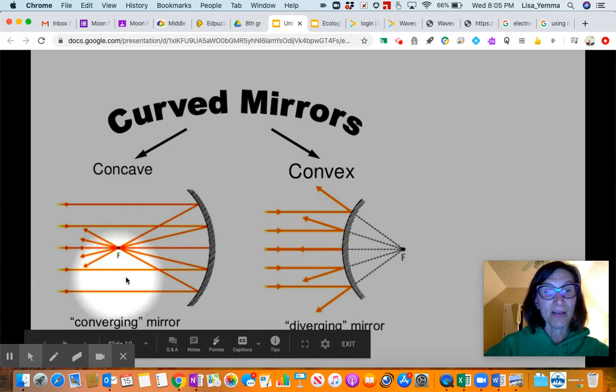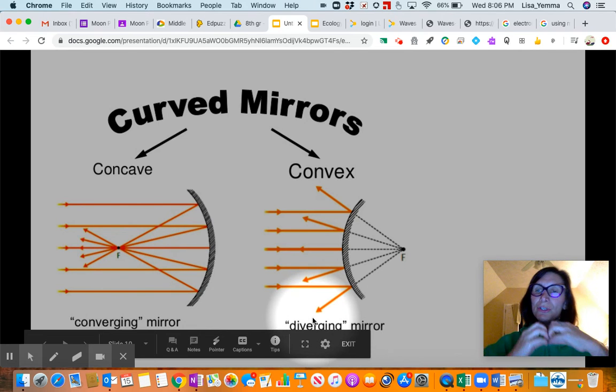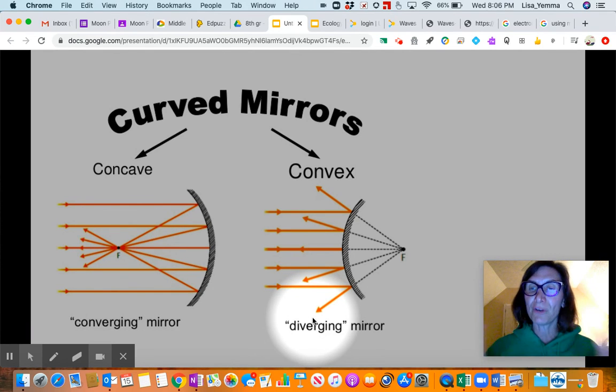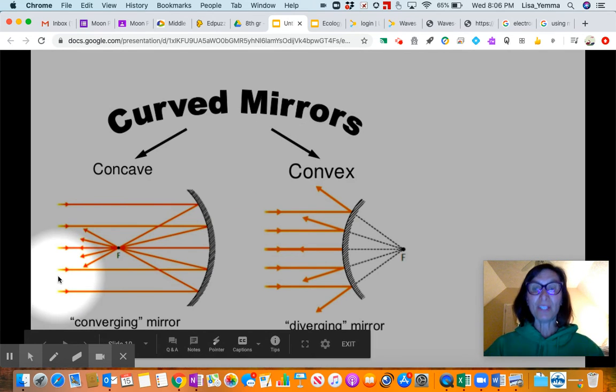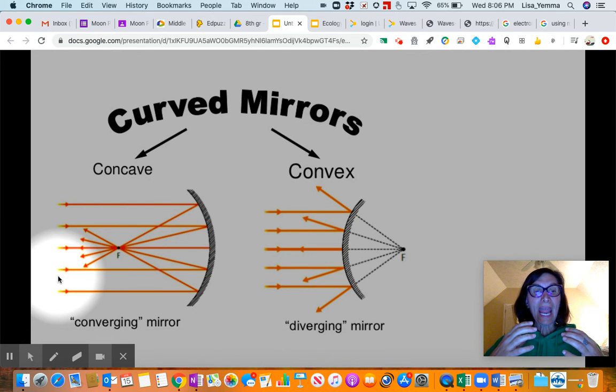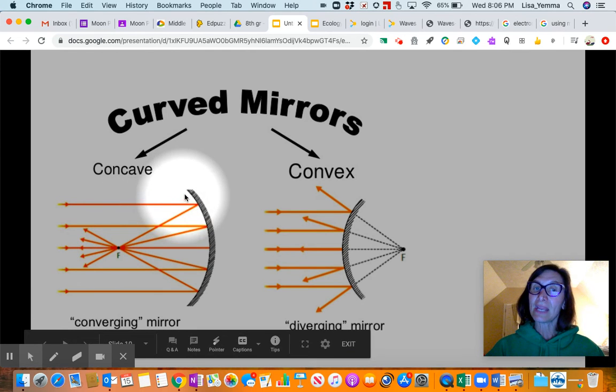This light comes in, so they diverge, spread out, go apart, divide. If I want to divide my sound, if I want to divide my light, I want to spread it out, I need a convex surface. If I want to converge and bring my sound and my light together, I'm going to use a concave surface.